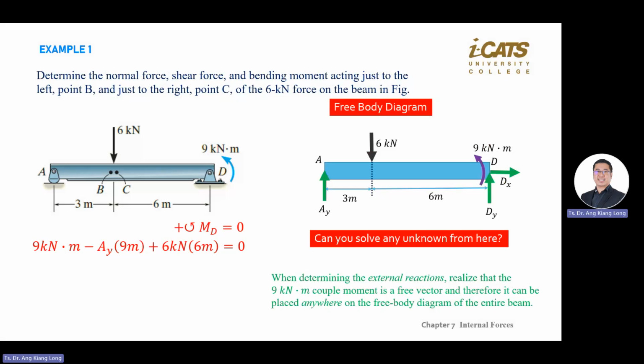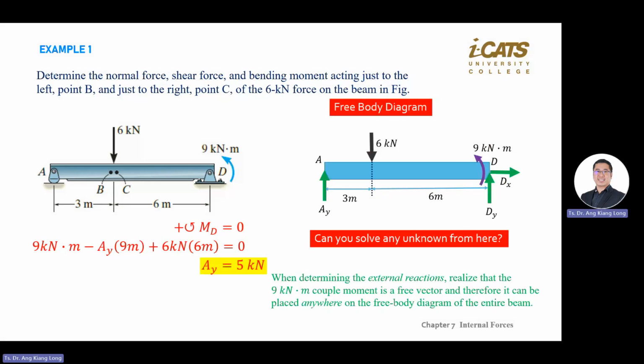But your positive is anti-clockwise, so it becomes negative. Then here also 6. You put 6 here, 6 goes down, anti-clockwise, so it's positive. This step is important. You need to write it. Don't suddenly land at a number that we are unable to trace whether you understand or not.